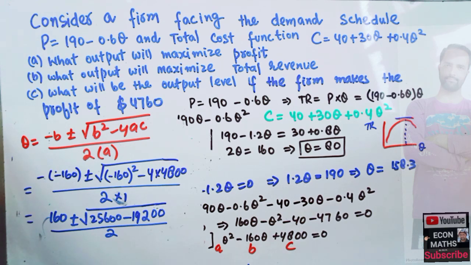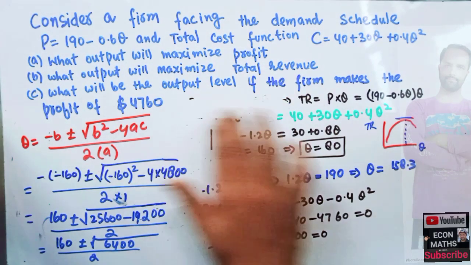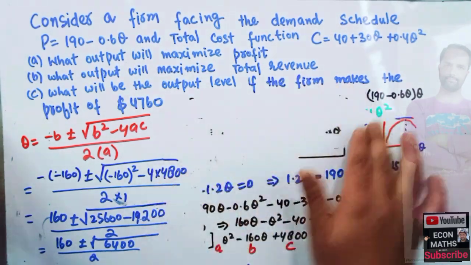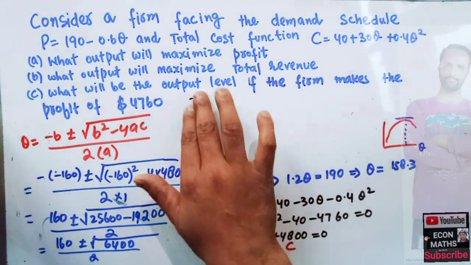When we solve this, we get 160 plus minus the square root of the difference, which comes out to be 6400, divided by 2. I should rub this out also, I don't have the space left.